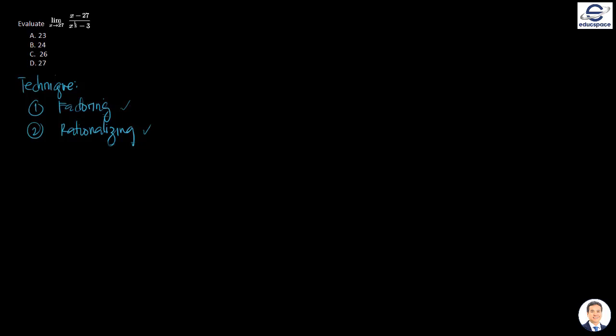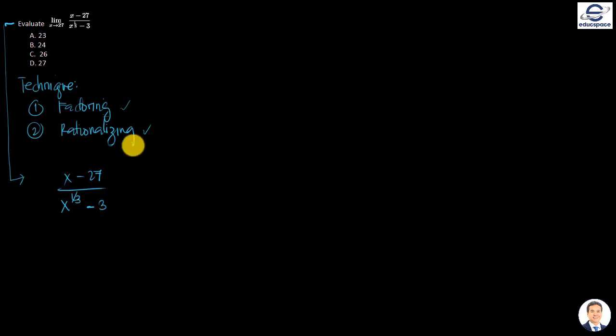Evaluate the limit of x minus 27 over x raised to 1/3 minus 3, where the x value is approaching 27. Previously we already introduced the technique of factoring and rationalizing to solve this kind of equation, but now I will try to give another approach. So that is x minus 27 again over x raised to 1/3 minus 3.